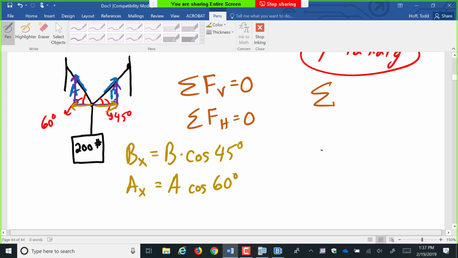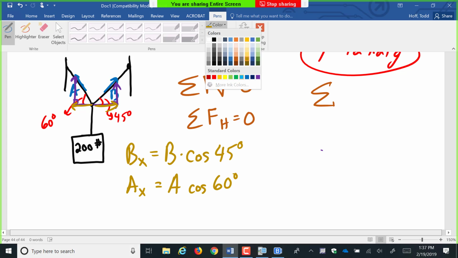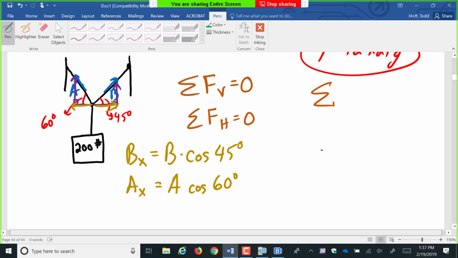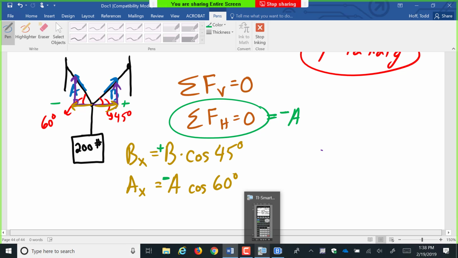Now, one of them is going left and one of them is going right. So I'm going to define right to be positive, because that's on the number line, and left is negative. So this is going to be a positive force, and this is going to be a negative force. So the sum of the horizontal forces is a negative A times the cosine of 60.